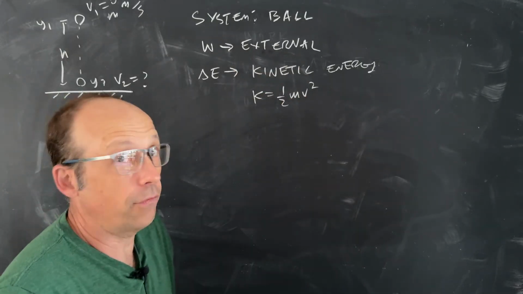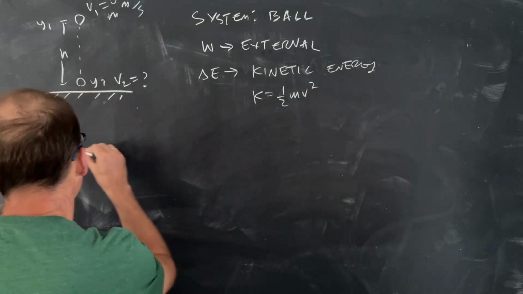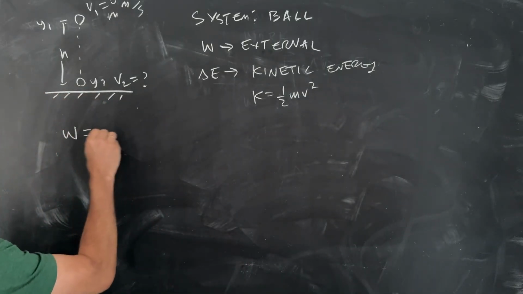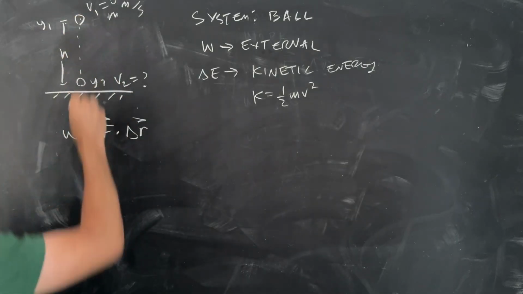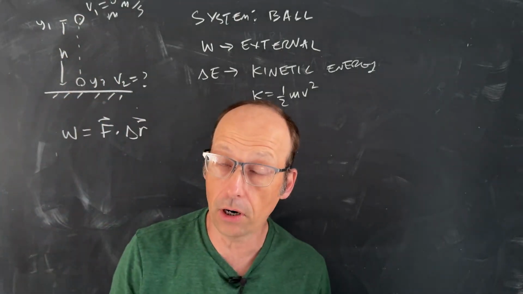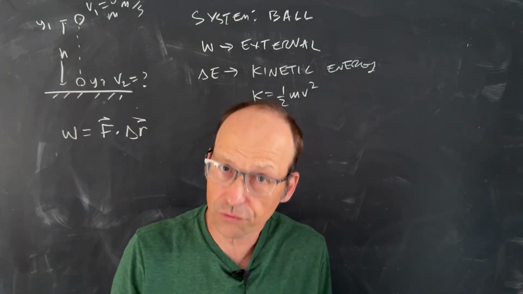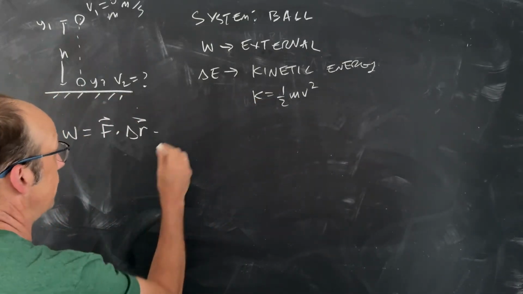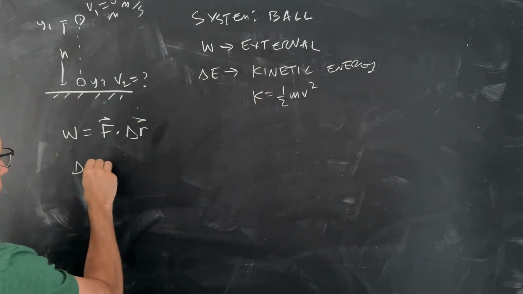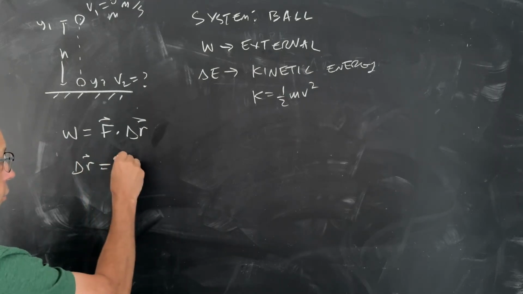Okay, let's start off with the work. Work is F dot delta R. Well, it's going from here to there, so I need to find delta R. Delta R is going to be R2 minus R1.